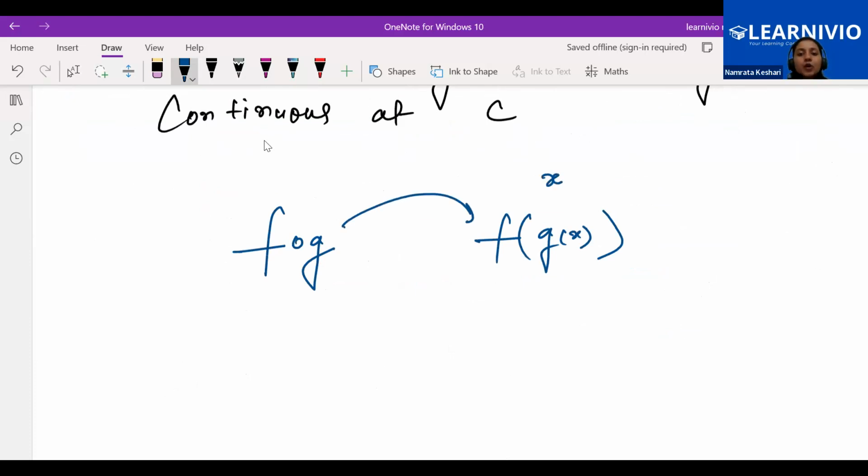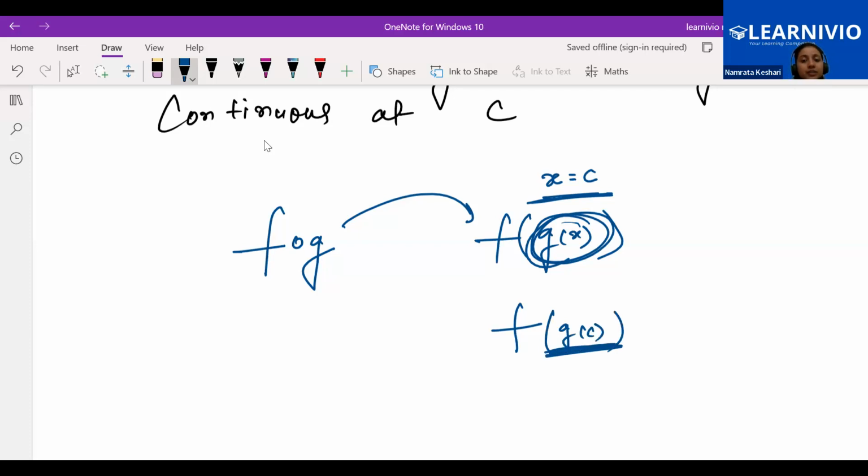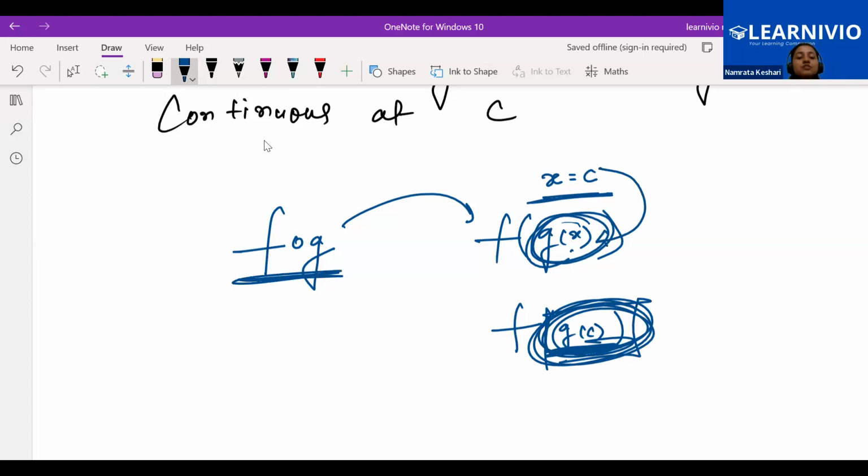So at any point x equals to c, if the inside function g x is continuous at c, and the outside function is continuous at this input g of c, then only we will say that the composite function is continuous at x equals to c.